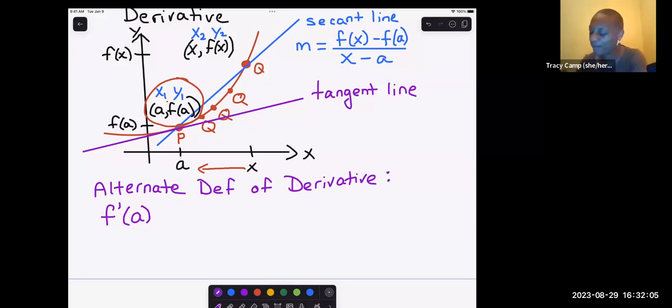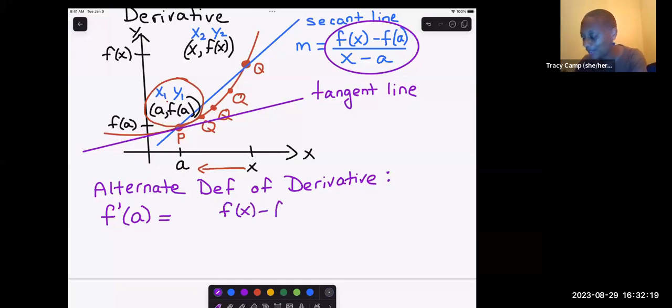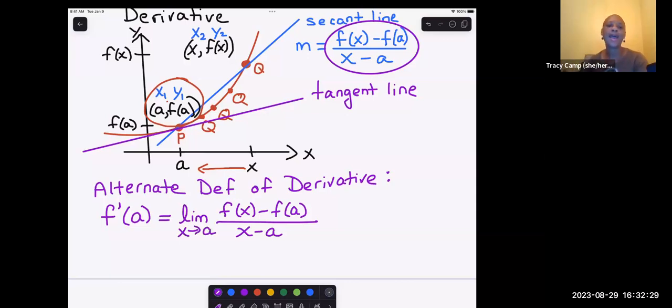So we write f prime of a, the derivative at a, is, and I'm just going to write the secant line slope there, because the derivative is just the slope of the tangent line, which is the limit of the slope of the secant line, as we let x get closer and closer to a.